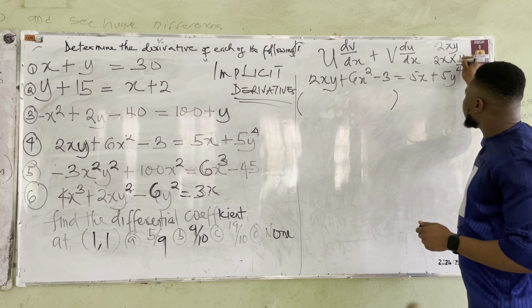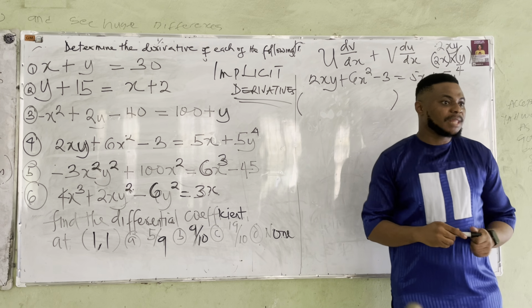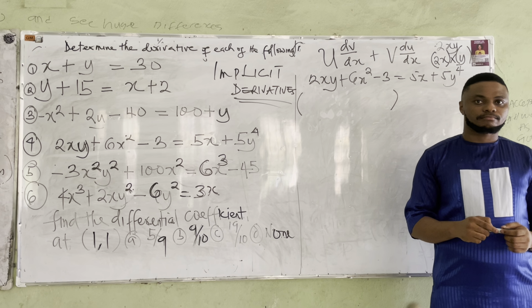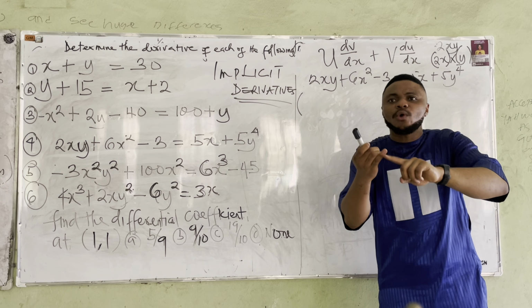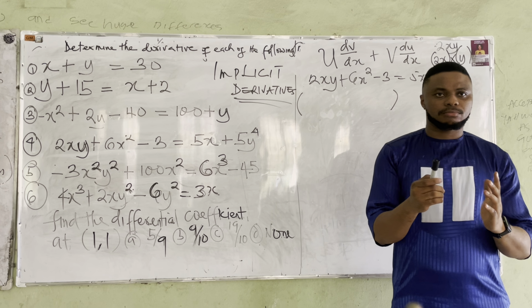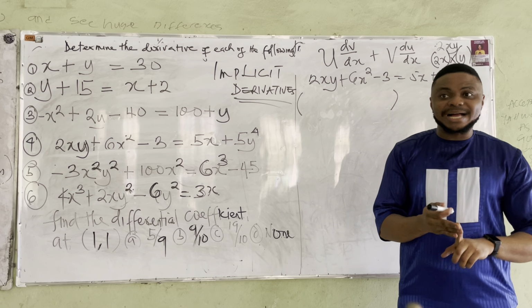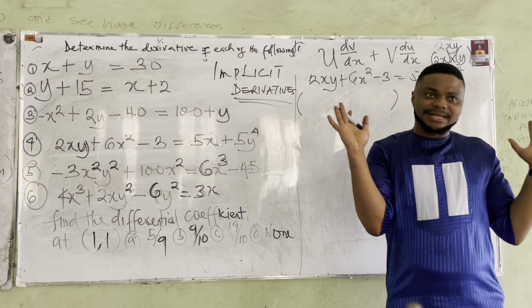Am I correct? 2xy means 2x times y. That's what 2xy means. So take your 2x as u. Take y as v. Take your 2x as u and take y as what? v.